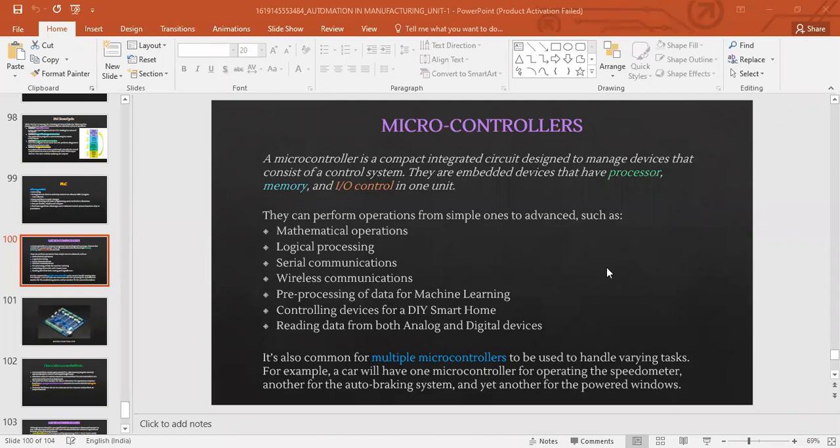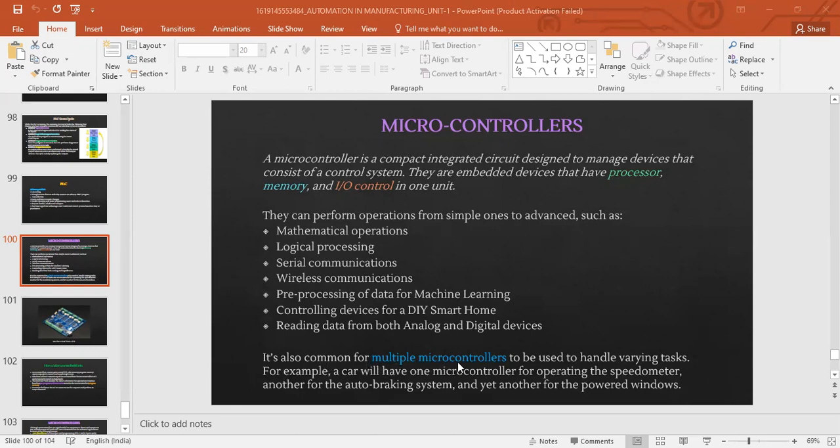That's how digital devices operate, either of the two, on or off, one or zero. Analog will have a variation in the signal and variation in the value of that signal. So when you are trying to read data from both of those devices, even that can be done.